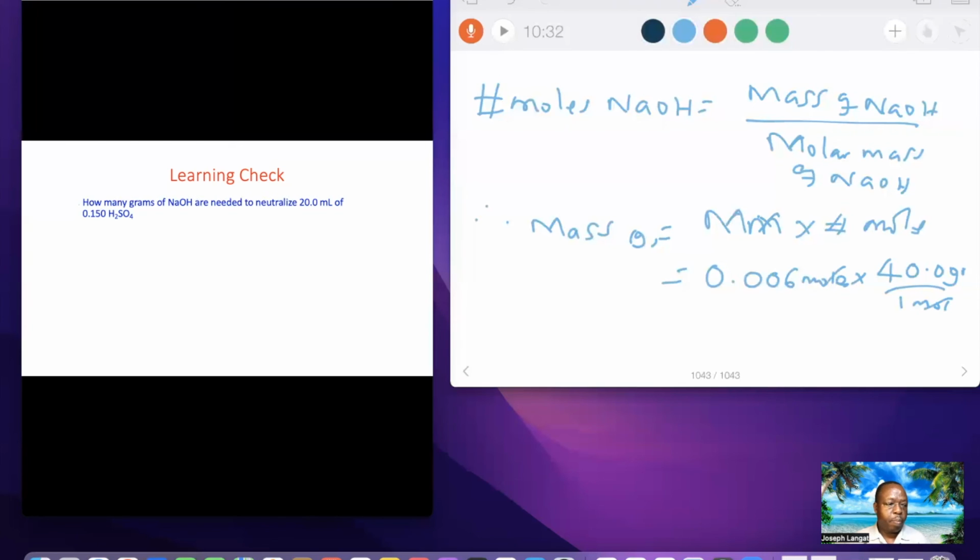When I multiply, 0.006 times 40, I have 0.240 grams of NaOH. This is the grams of NaOH needed to neutralize 20.0 ml. So here is an example. This is a standalone, okay?